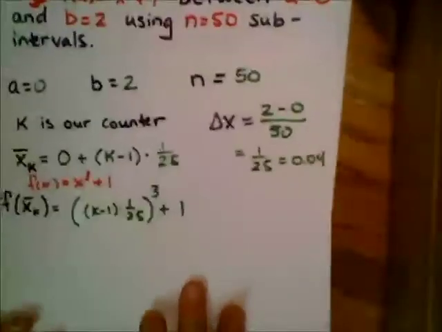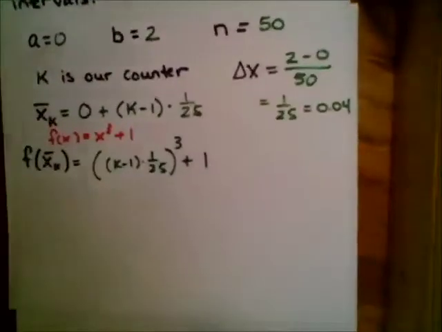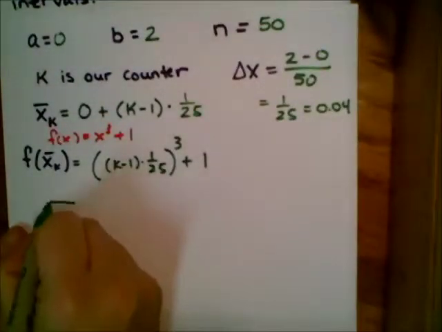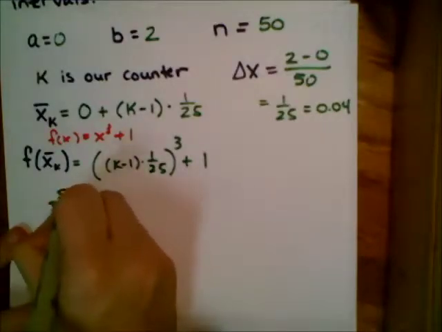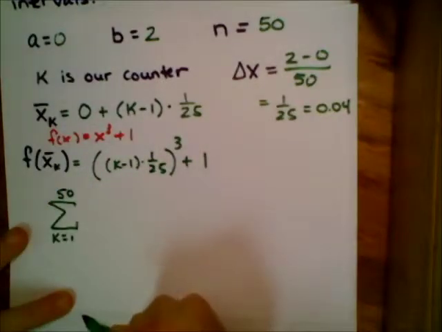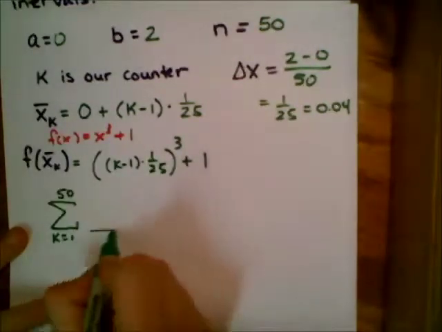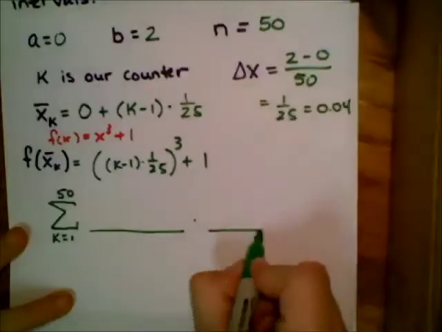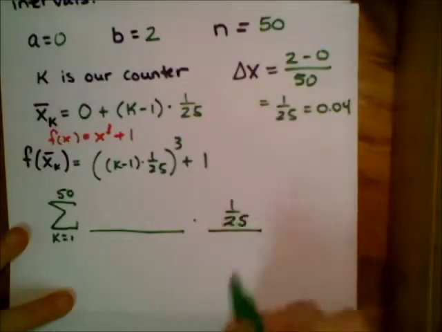Now to finish off the Riemann sum, we're going to sum k equals 1 to 50 areas of rectangles. We'll have the height of the rectangle times the width of the rectangle, delta x, which we already know. There's delta x.